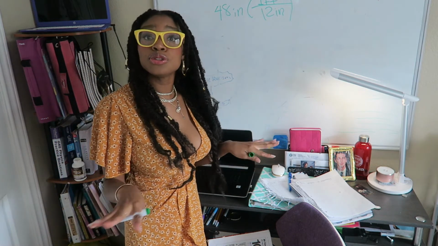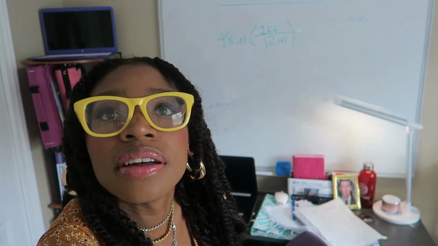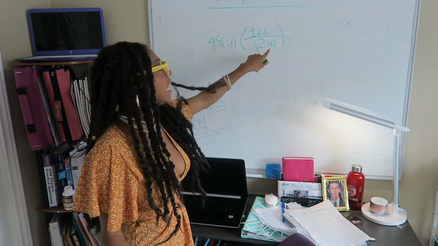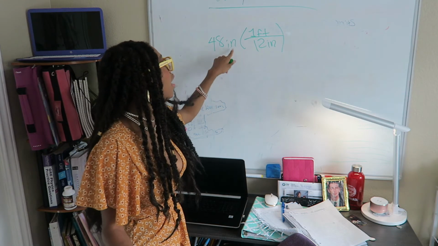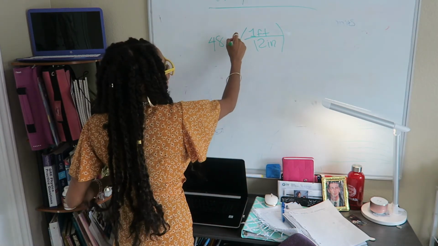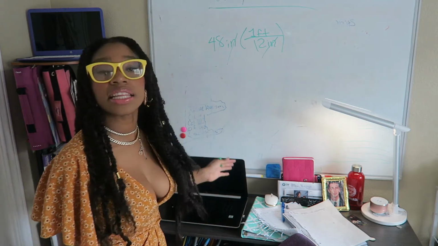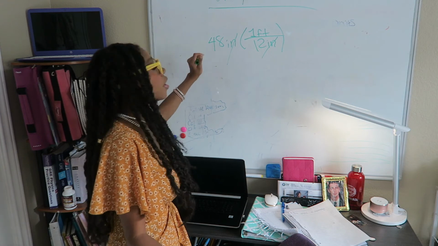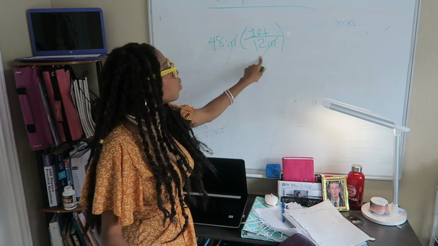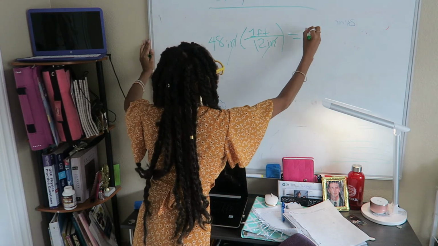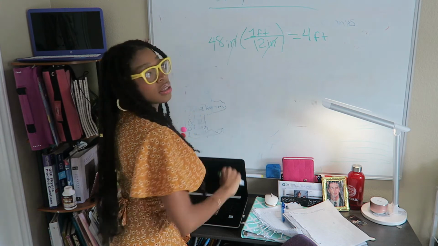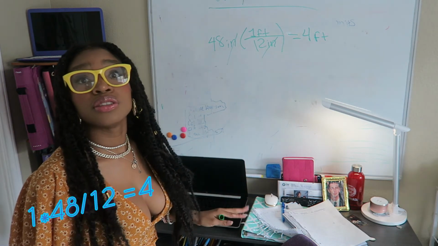Super simple. All you're going to do is cancel out the inches. So what is 48 divided by 12? That's 4 feet. This is what's going to be left over. Super simple.